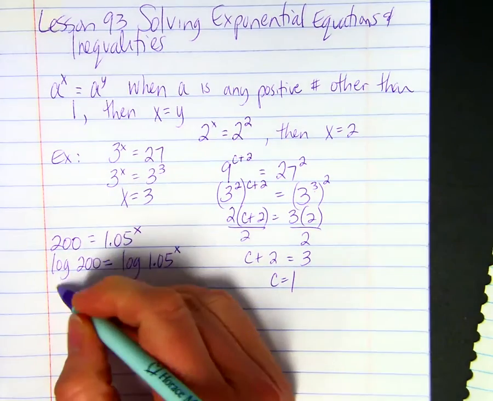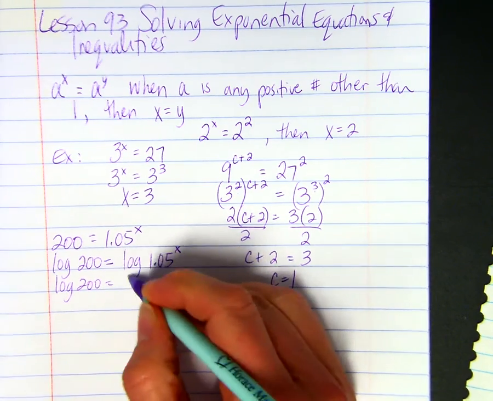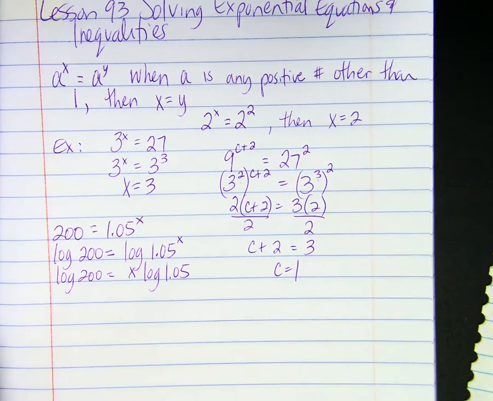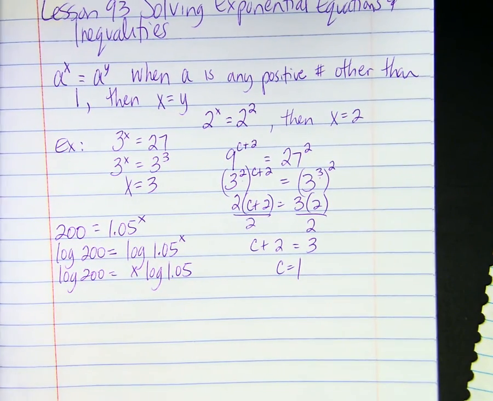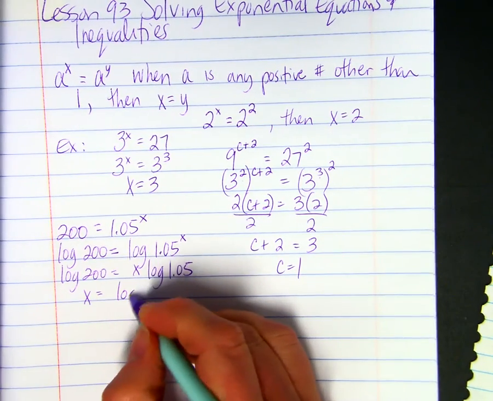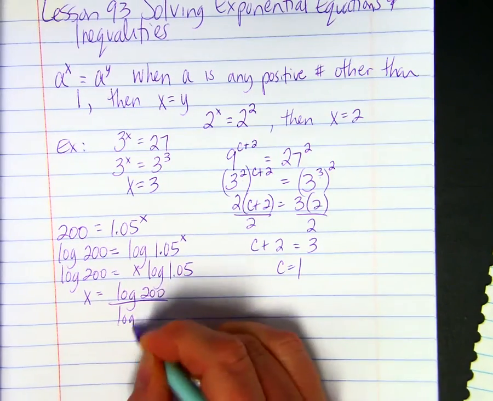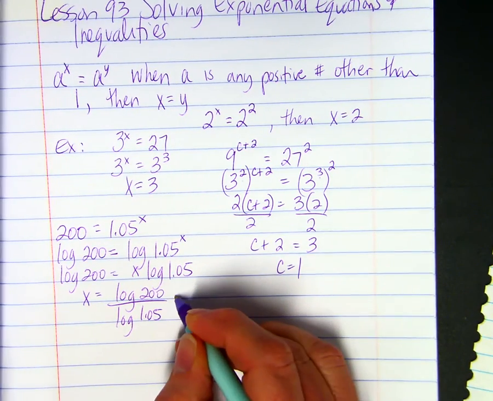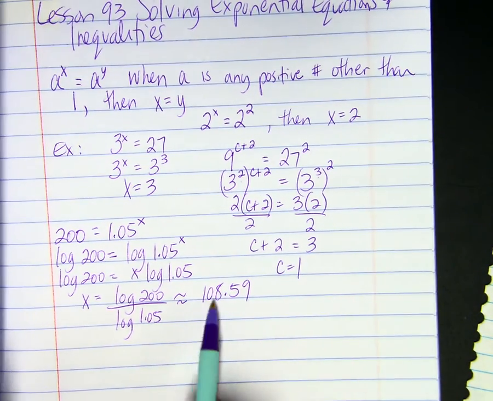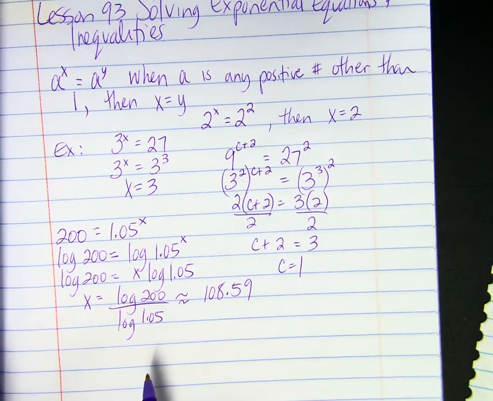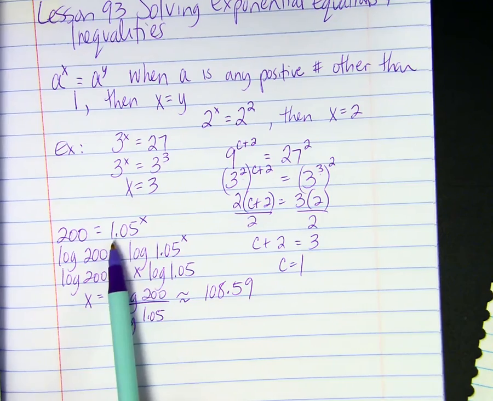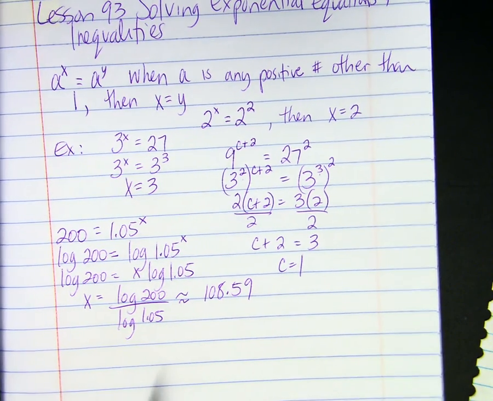Okay, so we're going to rewrite log of 200 equals x log of 1.05. Then we can solve for x by dividing both sides by log of 1.05. So x equals log of 200 divided by log of 1.05, which is approximately 108.59. That just means that 200 equals 1.05 raised to that power.